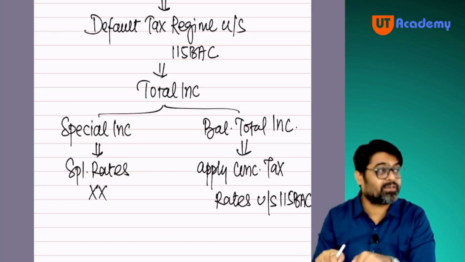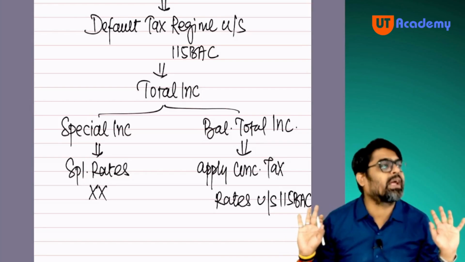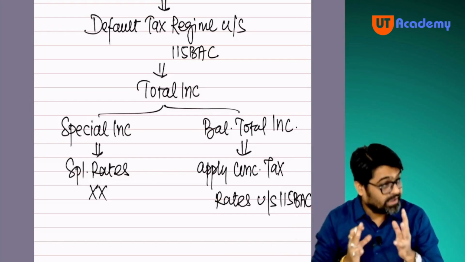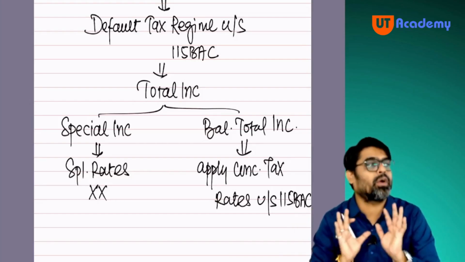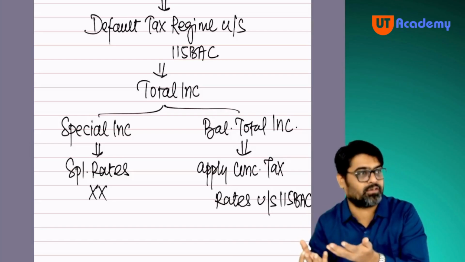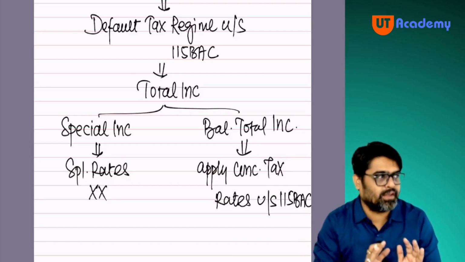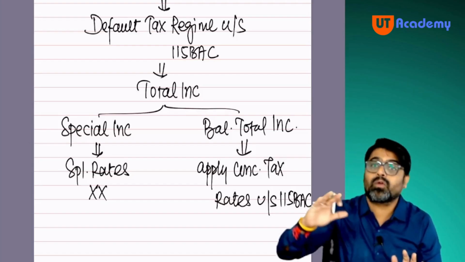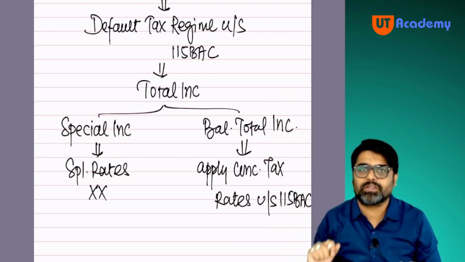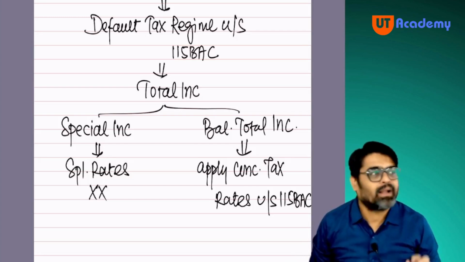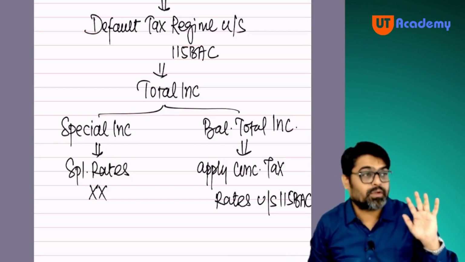Now, what are the tax rates here? I am not going to discuss those tax rates right now because it requires a lot of maturity on your part to understand all these things. The entire discussion of 115 BAC will happen when we do the total income calculation questions, and it is going to take good time.